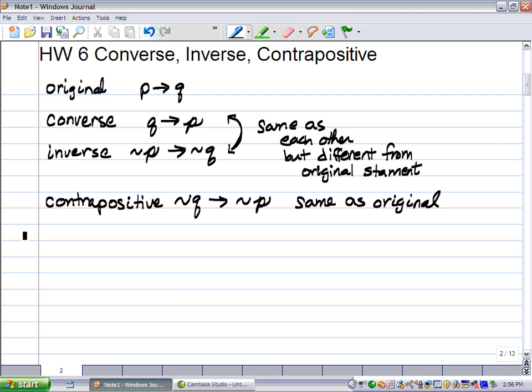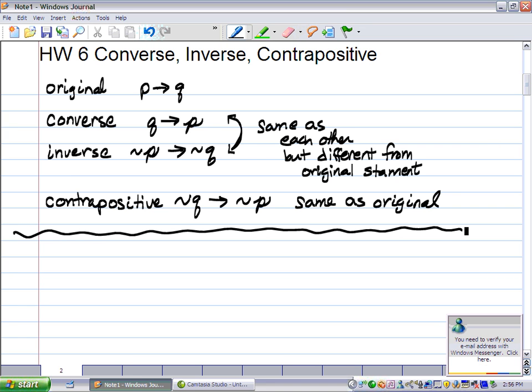Now you have to remember, if you have an and or an or in here, that when you do either the inverse or the contrapositive, you're going to have to use De Morgan's law.